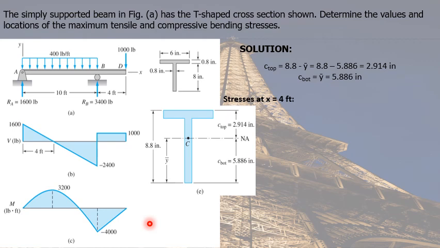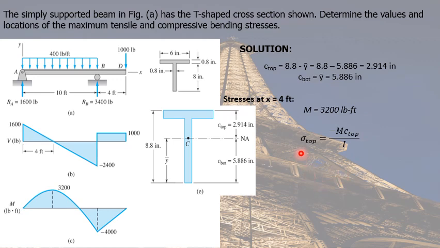First, we consider the stresses at x equal to 4 feet, wherein the maximum positive moment occurs. So our m is 3,200 pound-feet.